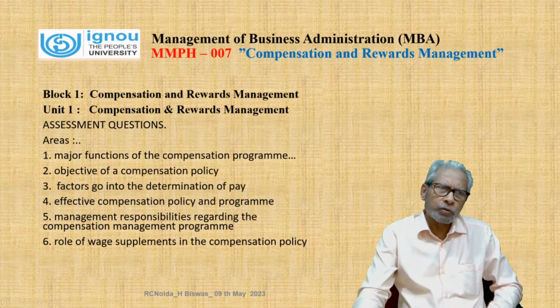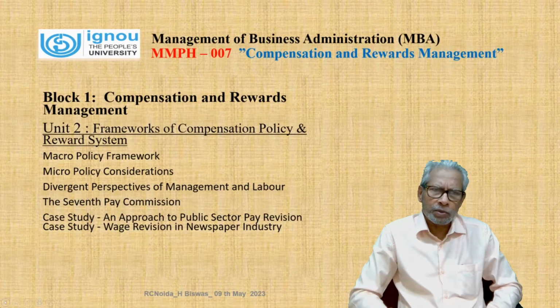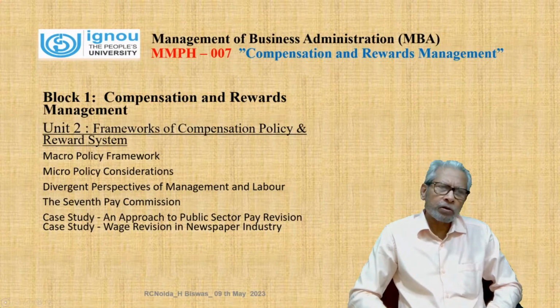Now see unit number 2. Unit number 2 is the framework of the compensation policy and the reward systems, where the area is located in the macro policy framework and the micro policy considerations.